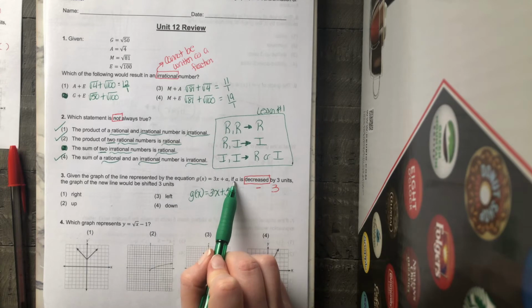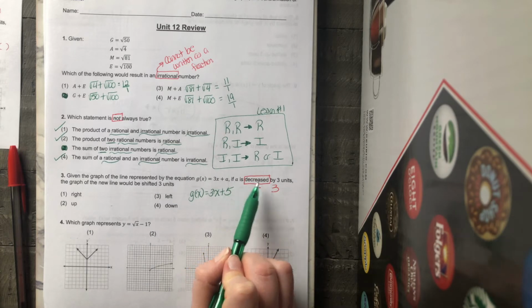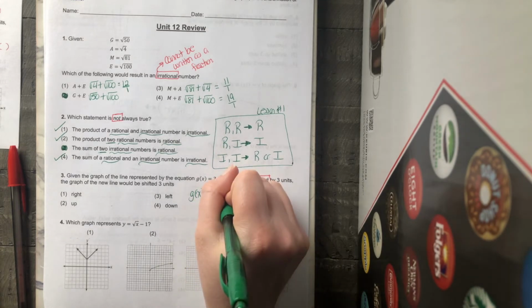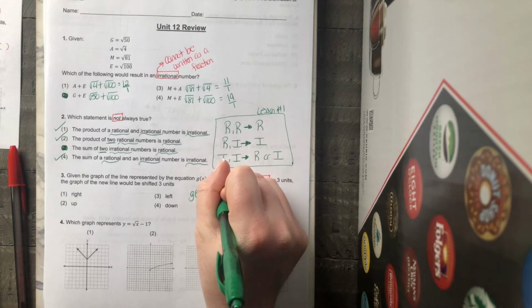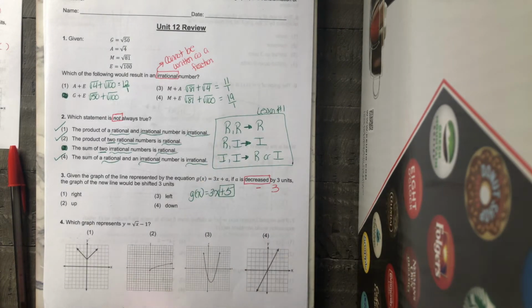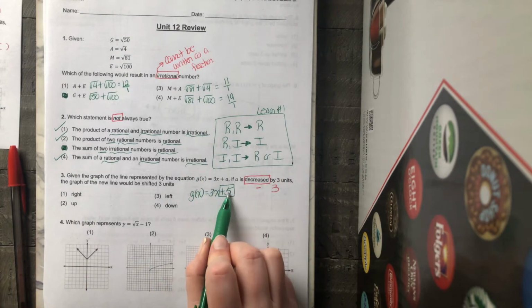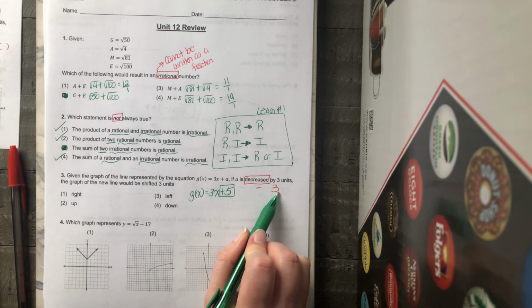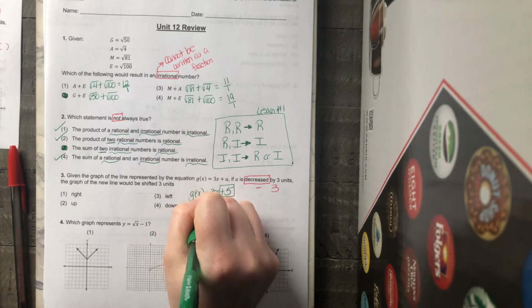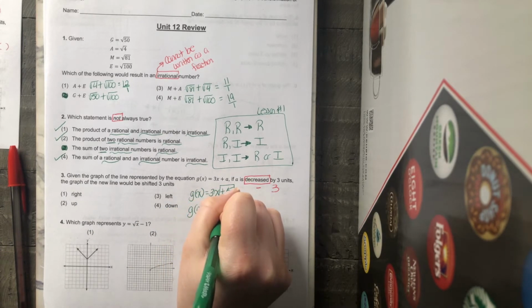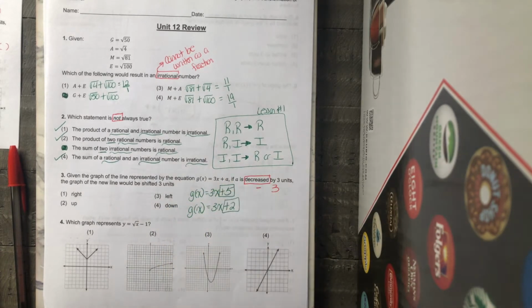The question says if a is decreased by 3. Well, originally, my a value was a positive 5. If I want to decrease this 5 by 3, well, 5 minus 3 is 2. So now I have g of x equals 3x plus 2, okay?